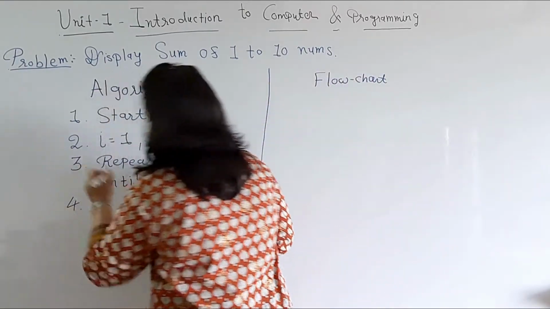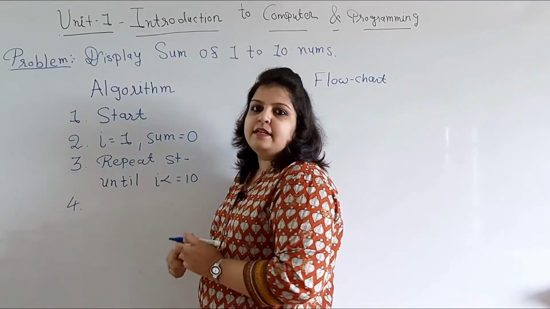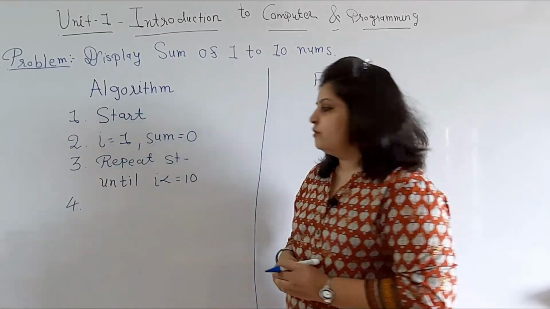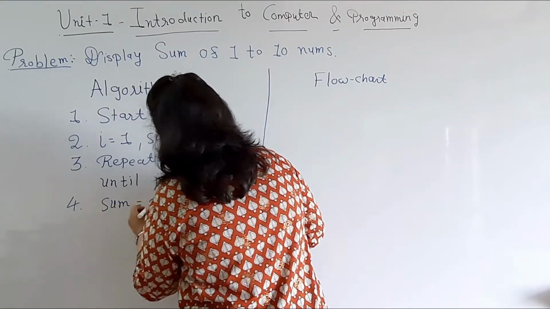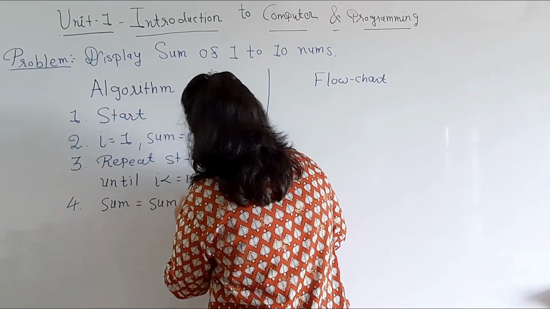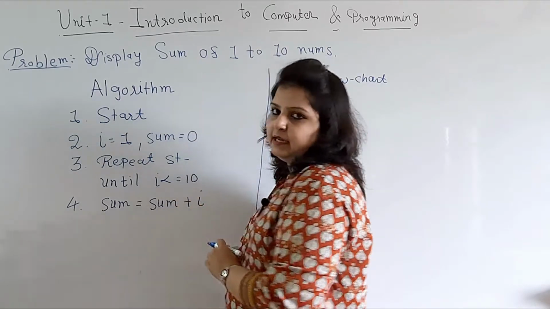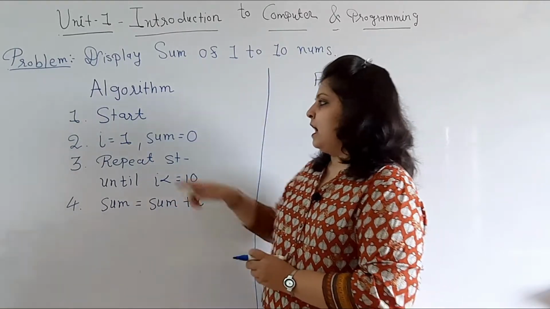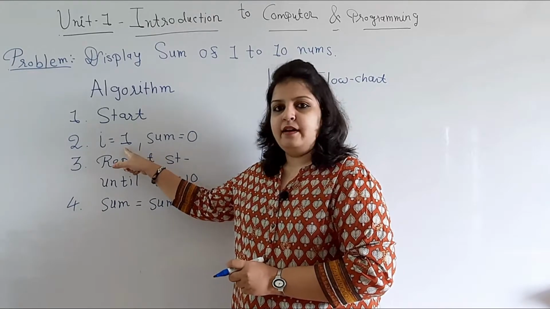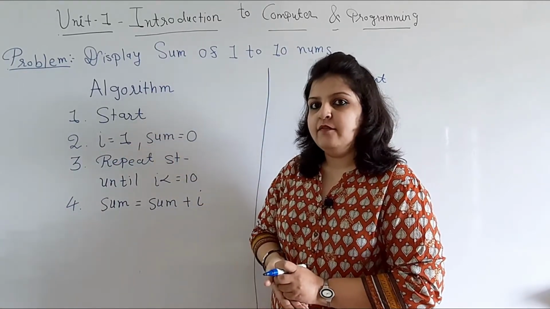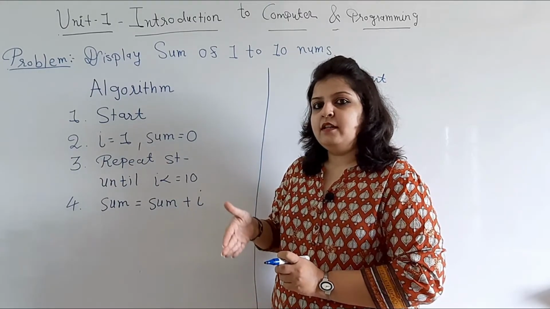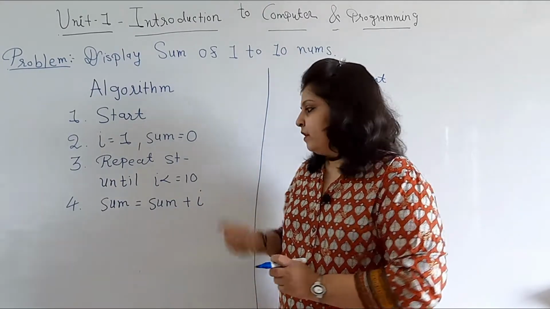Now our fourth step is sum. How can we write it? Sum is equal to sum plus I. I starts from 1, but after 1 the next value of I will be 2, then 3, then 4.